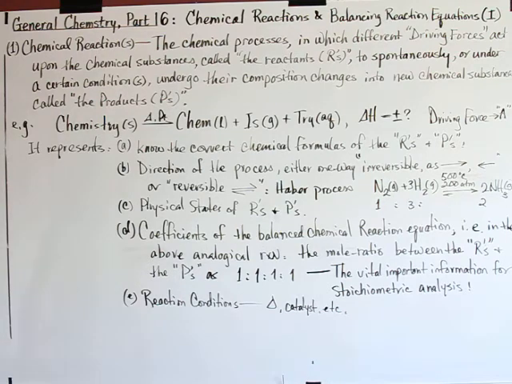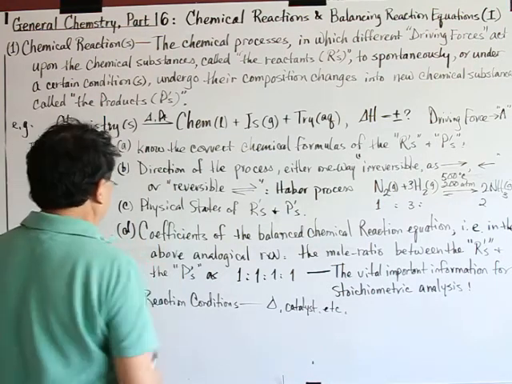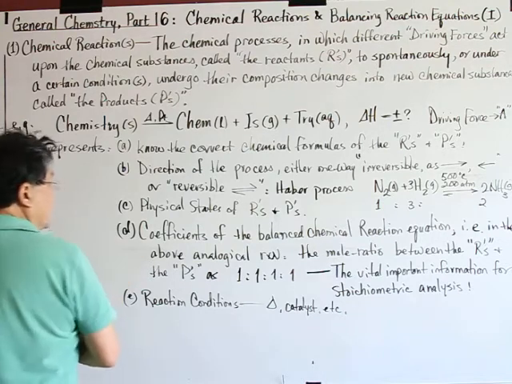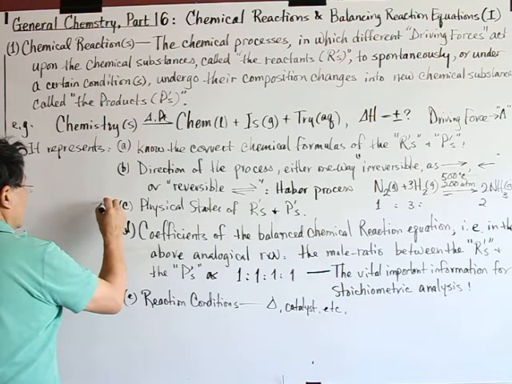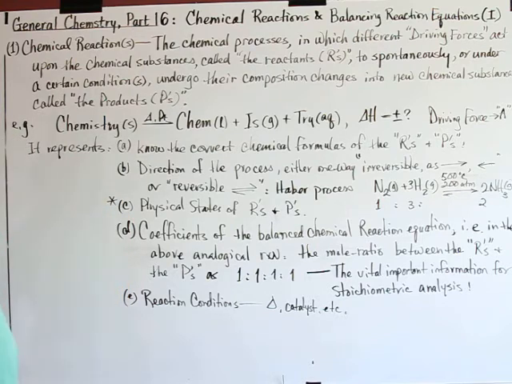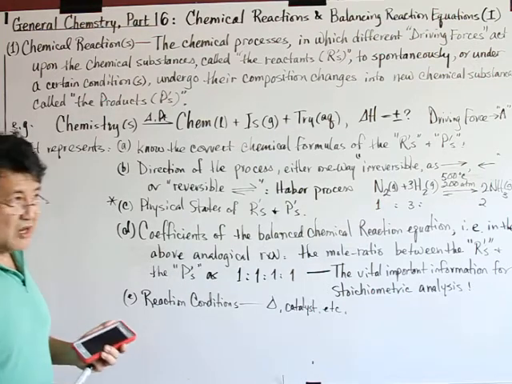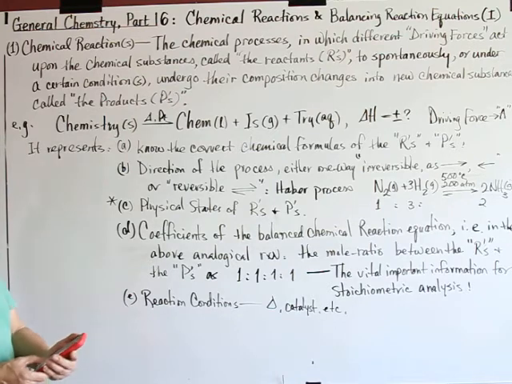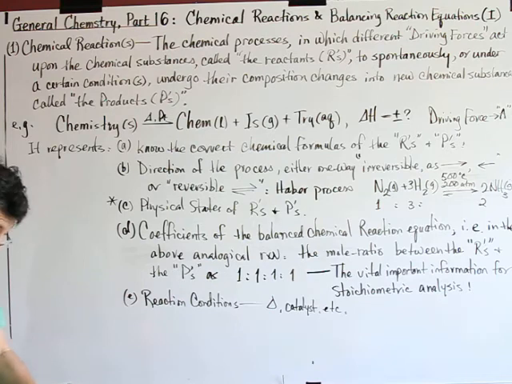Now, one thing I have to mention again, the physical state. Don't forget, the importance of physical state should never be underestimated. You have to be very clear on the physical state in writing a chemical reaction equation, either balanced or not.